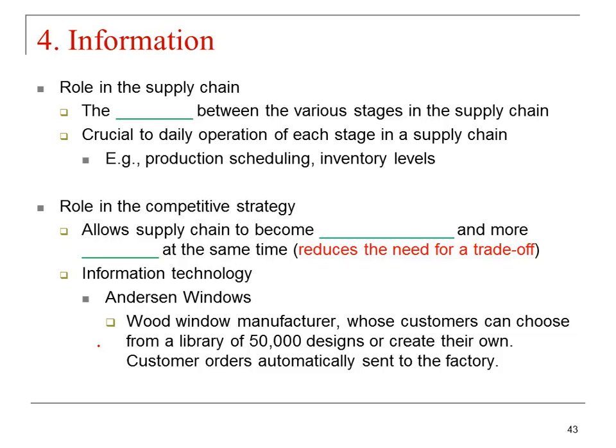Okay, information is very important. Its role in the supply chain is the connection between the different stages in the supply chain. The information is crucial to the daily operation of each stage in the supply chain.